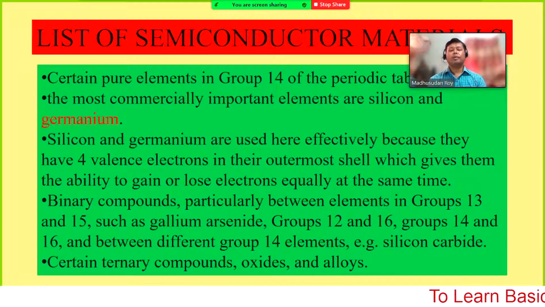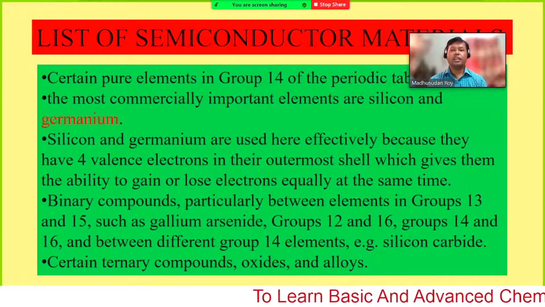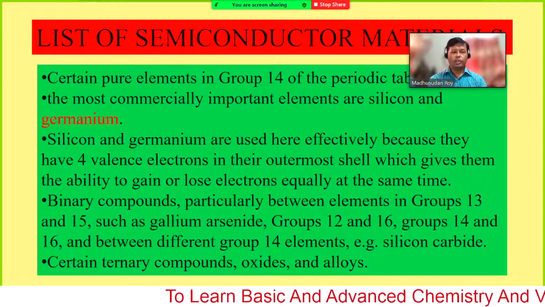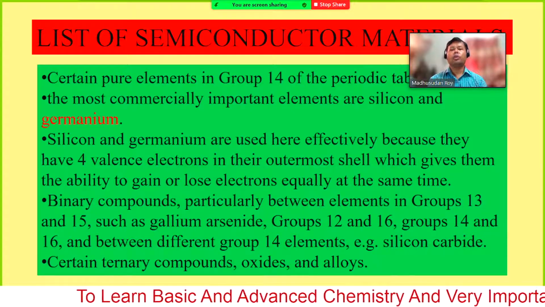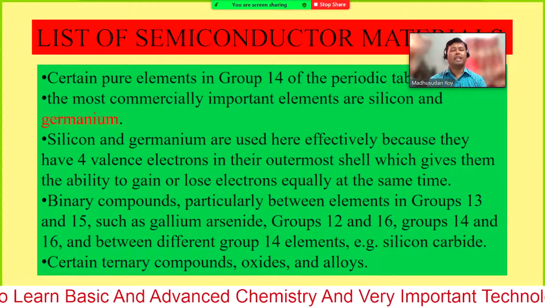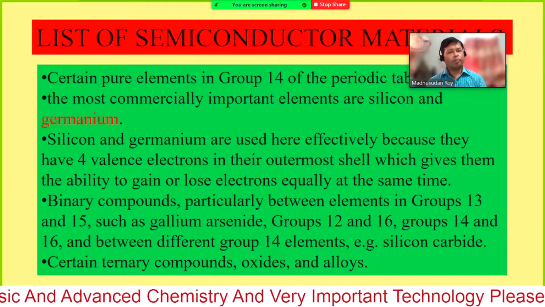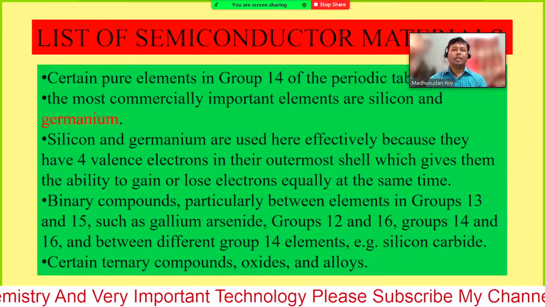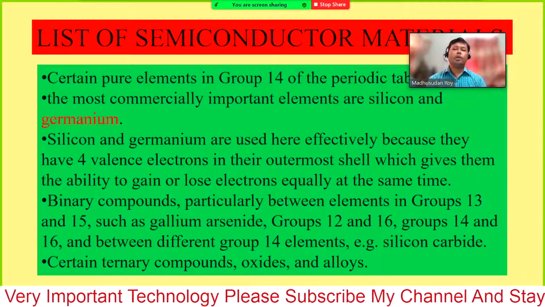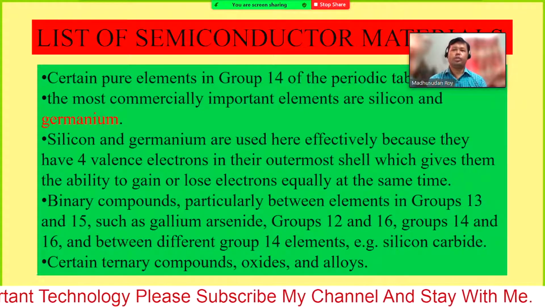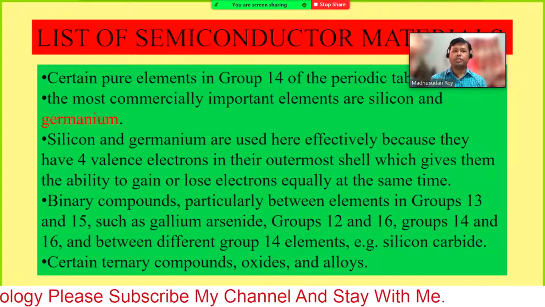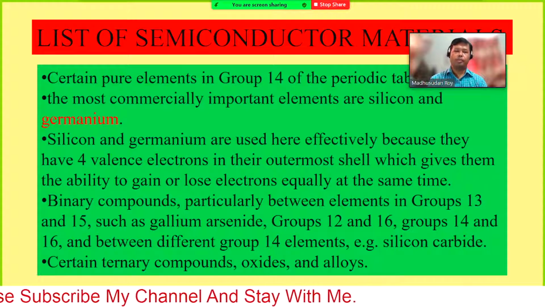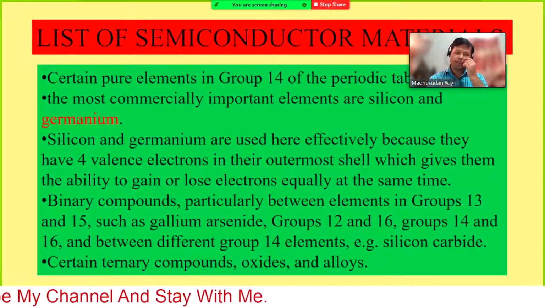So silicon and germanium are used effectively because they have 4 valence electrons in their outermost shell, which gives them the ability to gain or lose electrons equally at the same time. Binary compounds, as mentioned in the previous slide. What are the binary compounds? You can have binary compounds of group 3 and group 5 elements, or group 4 elements, or some other.